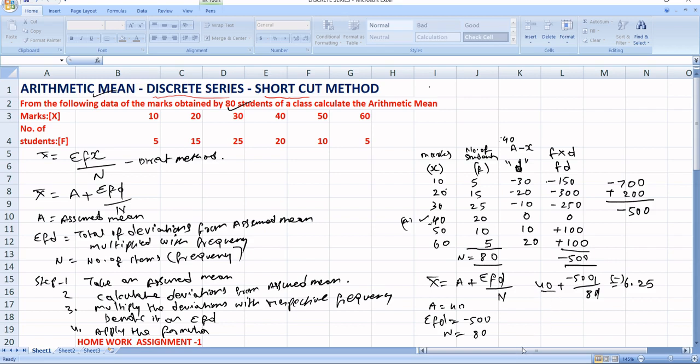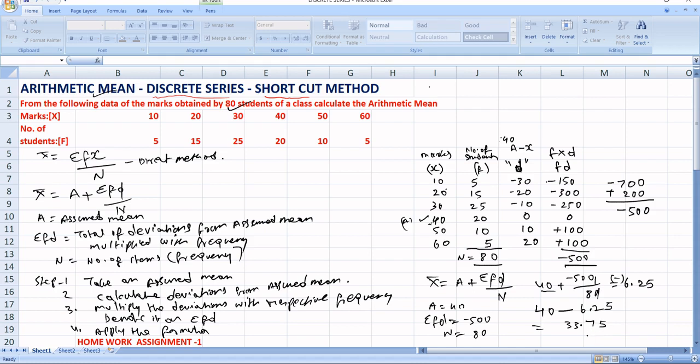That is the important thing you have to understand. So 40, that is assumed mean, minus 6.25 is equal to 33.75.